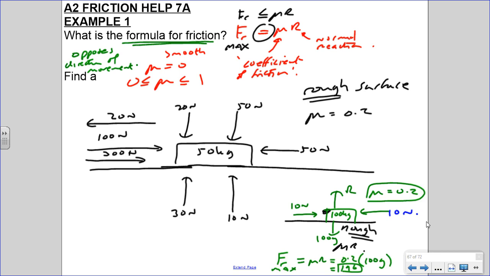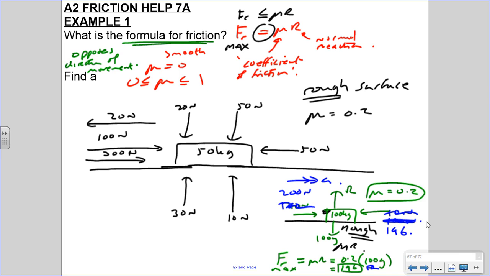But if we raise that to, say, 100 newtons, then friction can be a maximum of 196, so friction will be 100 newtons in the opposite direction. It'll be resisting it. And if we applied a force of 200 newtons, then we would be at F max, because the maximum we can have for friction is 196. So then this thing would start to accelerate to the right, do you see?